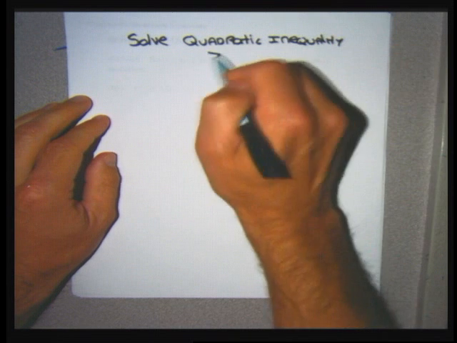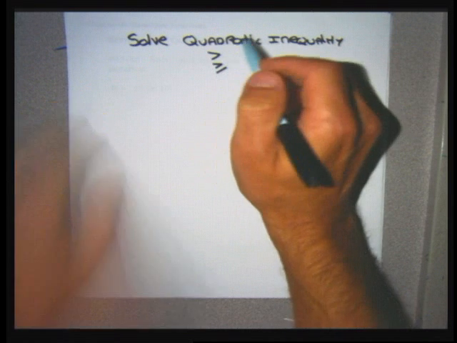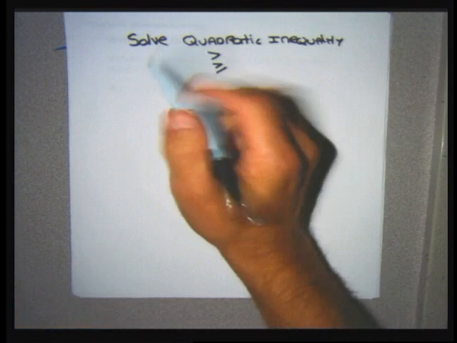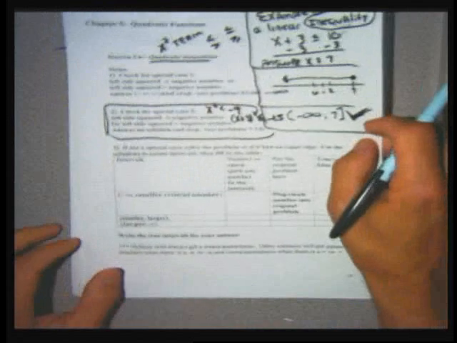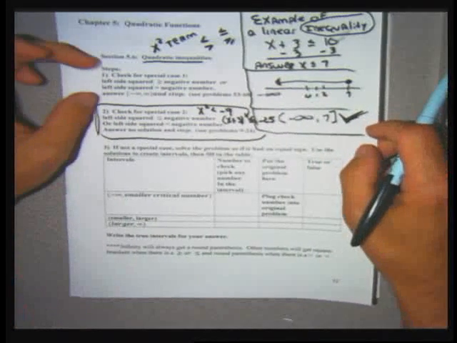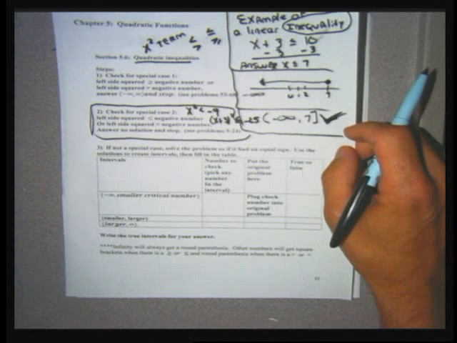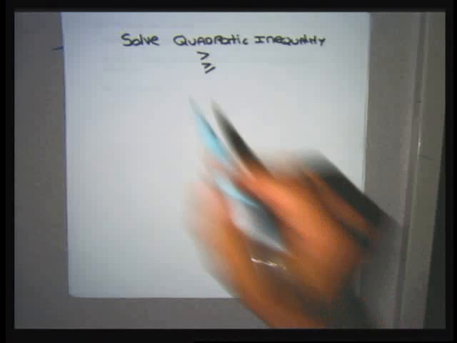And when you have greater thans or greater than or equal to, what we have to worry about is a special case. And on this sheet that I worked with yesterday, the special case is if the left side is completely squared and the right side is a negative number, then that's going to be a special instance.